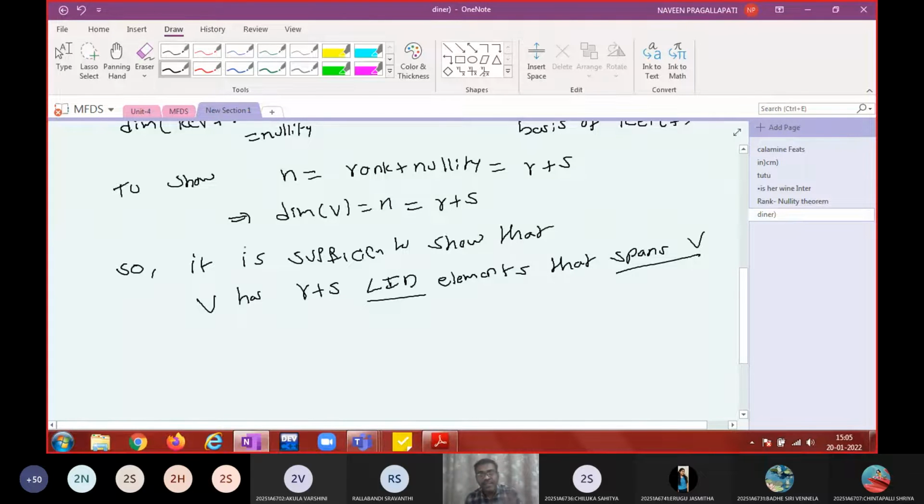And you know any two bases will have the same number of elements. Therefore, R plus S must be equal to n. Is this clear?